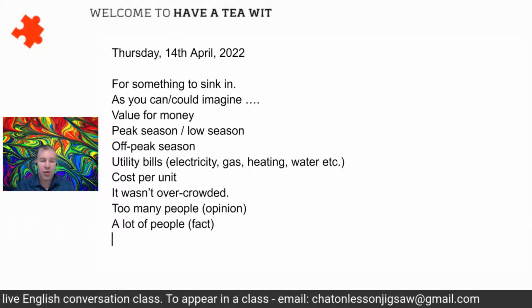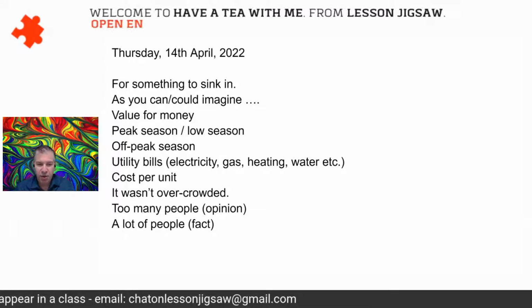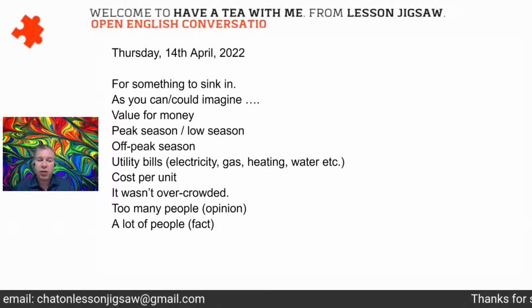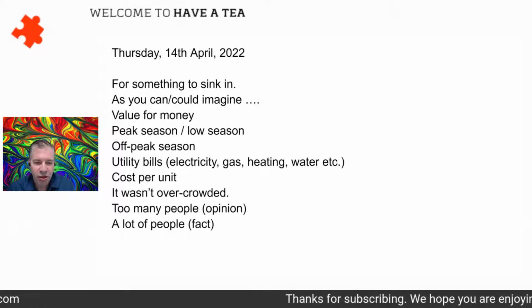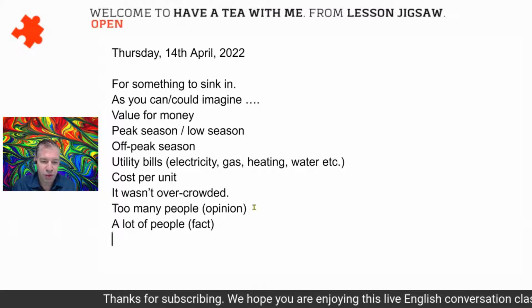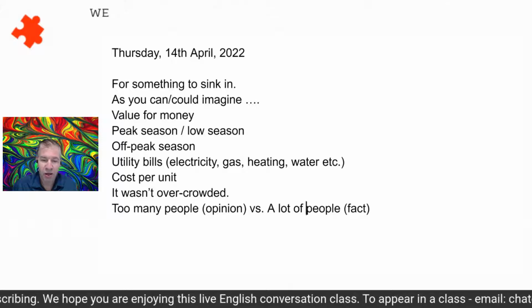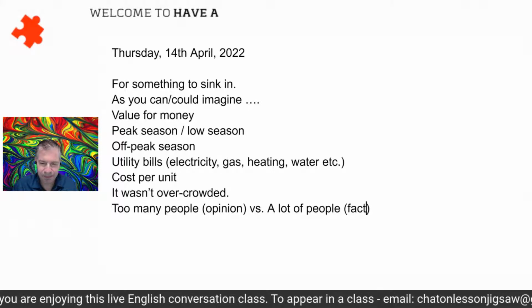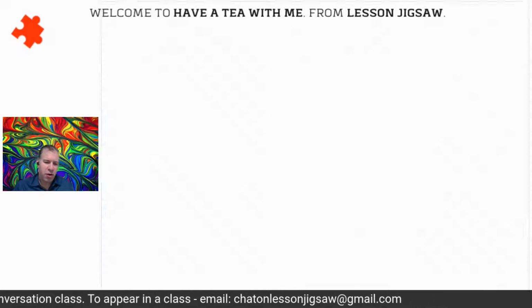You're just saying there are lots of people in a place, a big quantity, whereas with too many, you're saying there should be less. So just a nuance between those two. Let's do verses, so you can do the comparison.